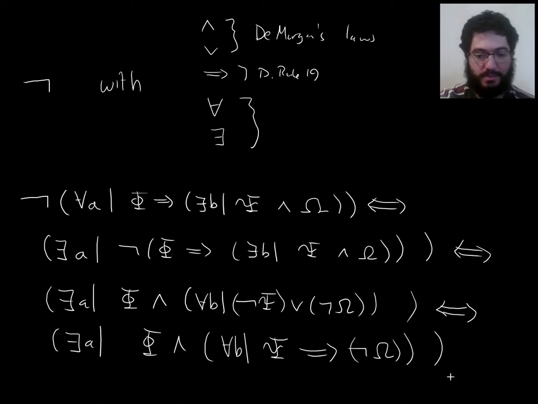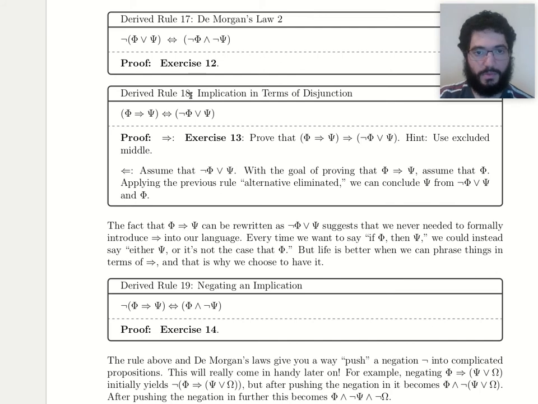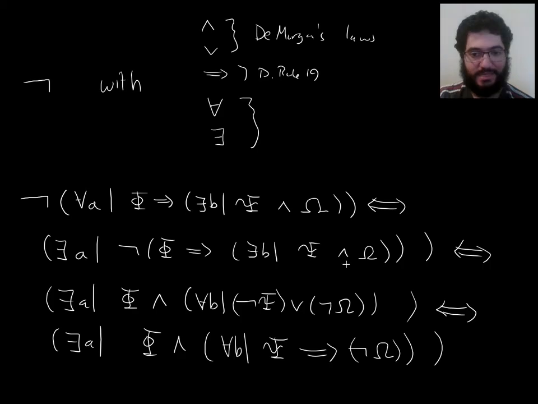So here, I'm using derived rule 18 to do this, implication in terms of disjunction. So you see, if you have an or where one of the two things has a negation on it, then you can rewrite it as an implication, like this. So here we have an or where both things actually have negations on them, so you could write psi implies not omega, or you could have written omega implies not psi.